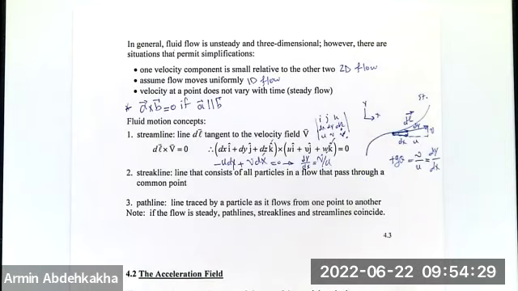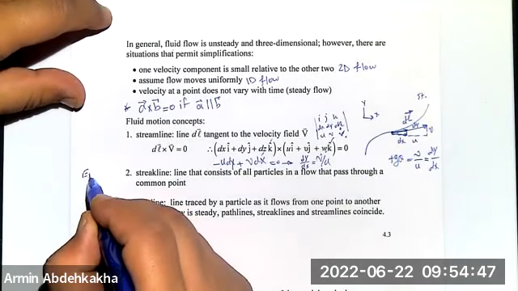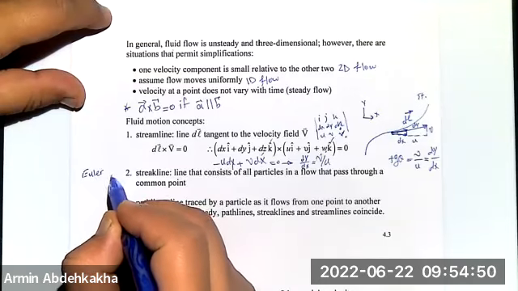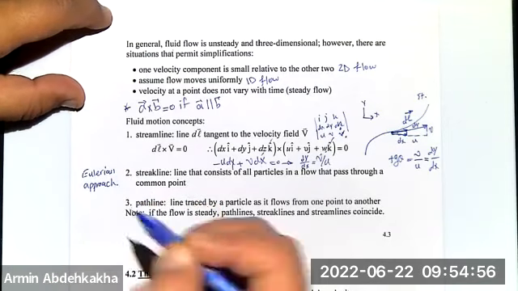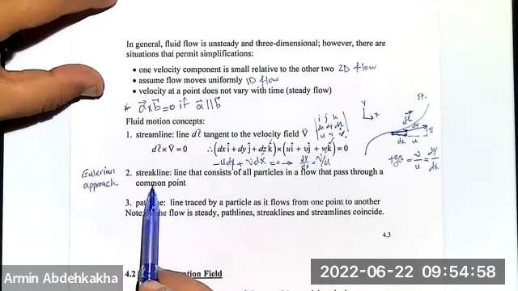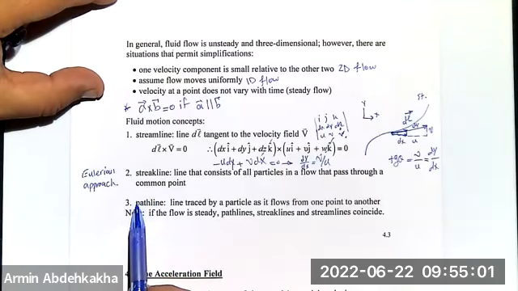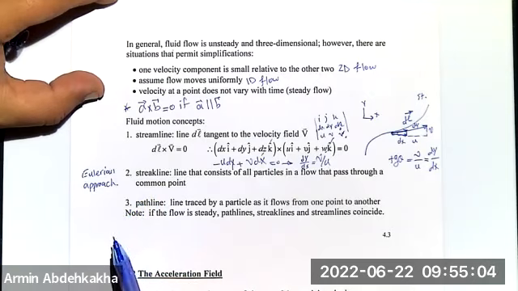Okay. So we have two more lines. One of those is the streak line and the other is the path line. The streak line is the line that consists of all the particles in a flow that pass through a common point. Common point means fixed in location. That means Eulerian approach. You have a streak line as an Eulerian approach because you fix the position, and then get the average of the particle velocity passing through it.